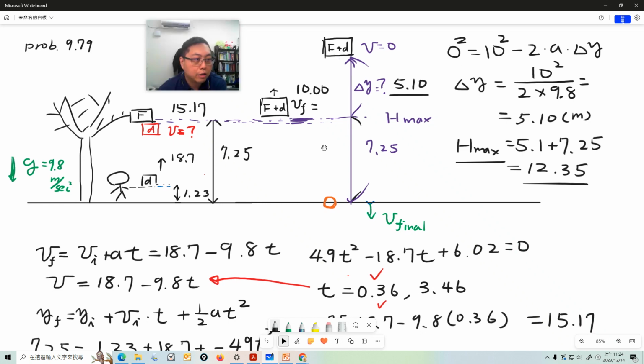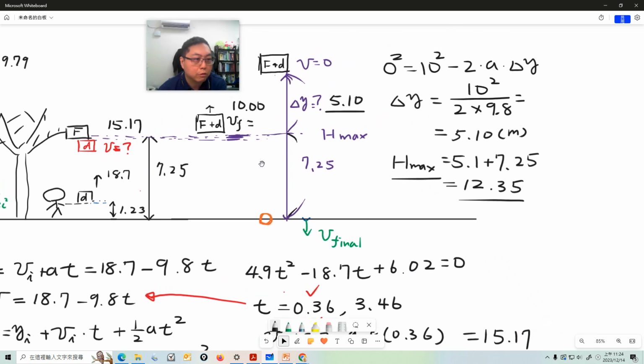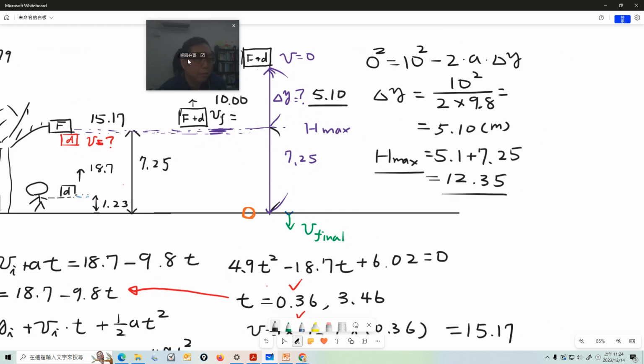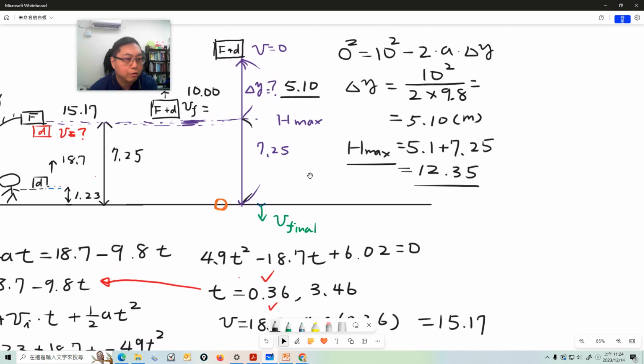Mechanical energy conservation is delta K plus delta U equal to 0. In this system we don't have any spring, so we only consider the gravitational potential energy, not elastic potential energy.